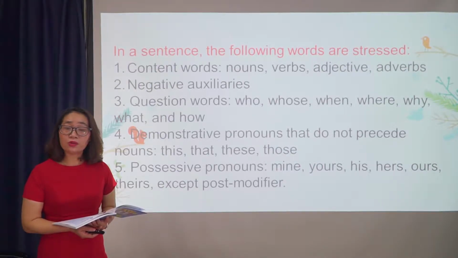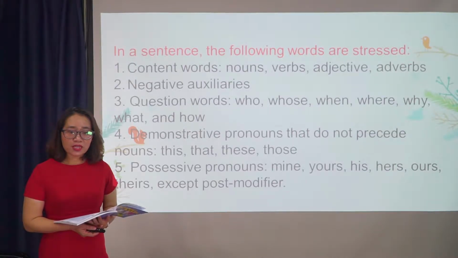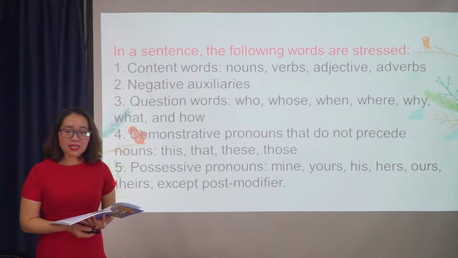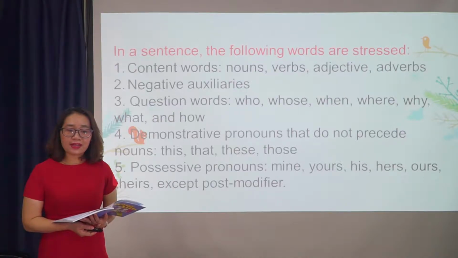Question words like who, whose, when, where, why, what, and how. 4. Demonstrative pronouns that do not precede nouns like this, that, these, those. And possessive pronouns like mine, yours, his, hers, ours, theirs, except as modifiers.